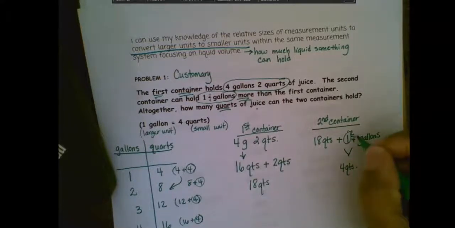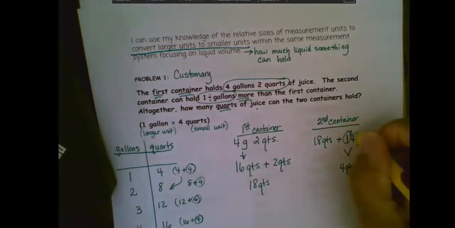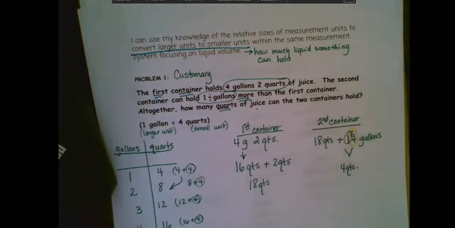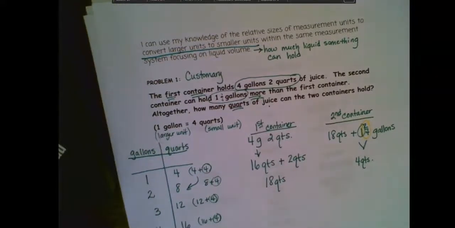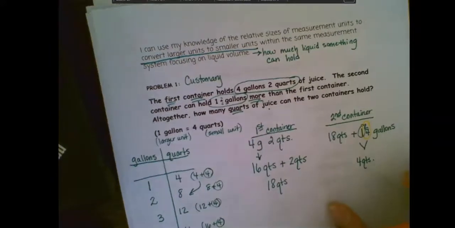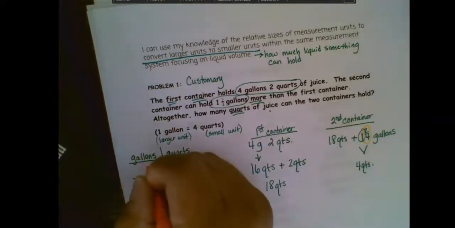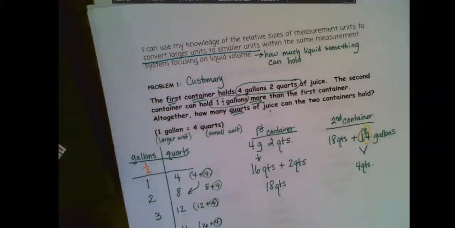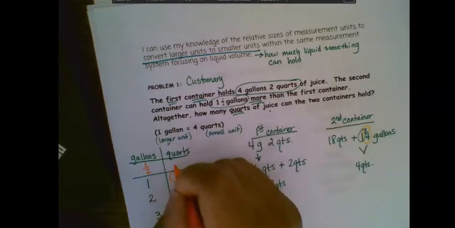But then I have this 2/4 gallon. I have this 2/4 right here. And remember when I said that we would come back to that little space that we like to hold? We like to hold that space right here. And based on the work that we've done this week, I already know that 2/4 is equal to 1/2. 1/2 of 4 is 2.